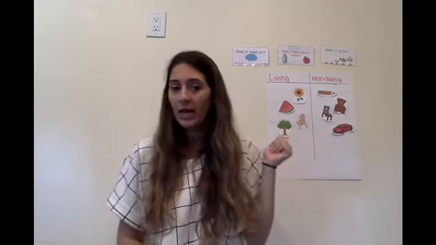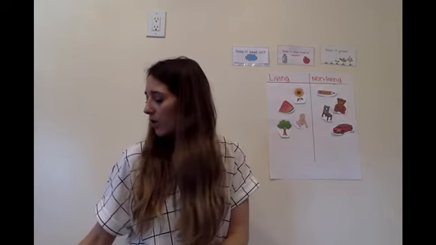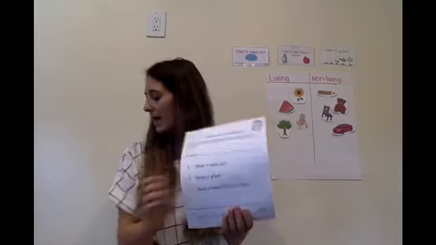So now that we sorted things together, living and non-living, you are all going to get a living versus non-living checklist and an object. Everyone's going to get their own sheet and their own object.